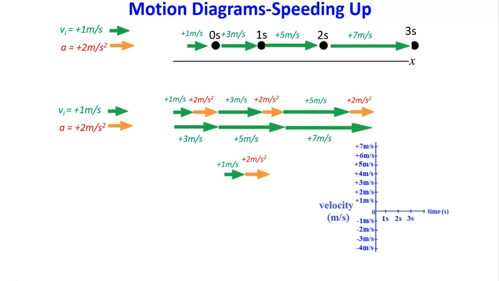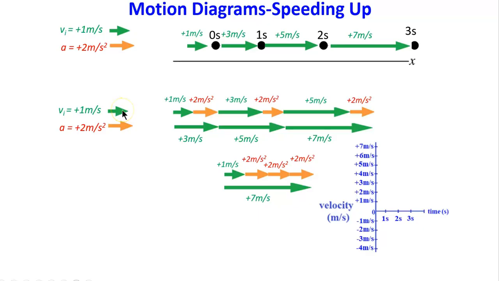Okay? Another way to calculate: if you have a starting velocity of positive 1 meter per second and you're going to be accelerating for 3 seconds, what you could do is take 3 of those acceleration vectors, add them to your initial velocity vector, and that will be your final velocity at the 3-second mark. So you don't have to do all this to get right to the final velocity of 7.